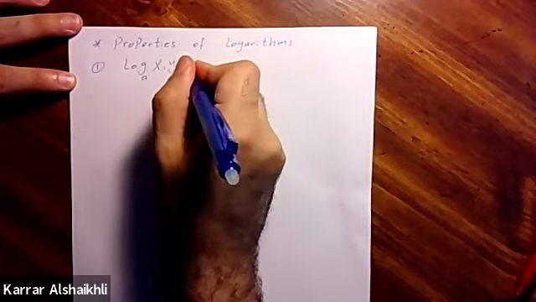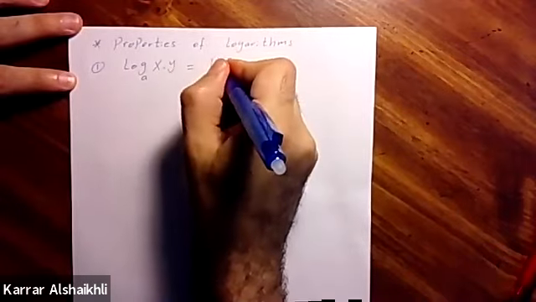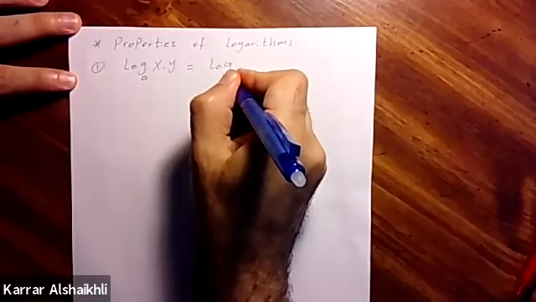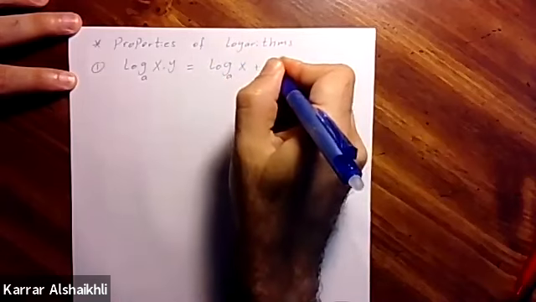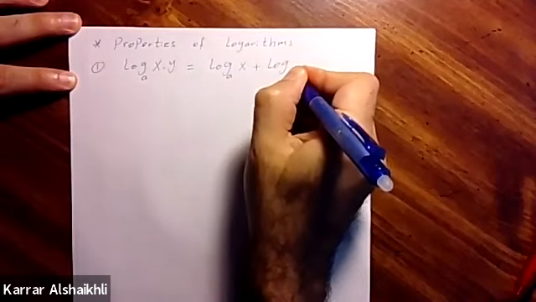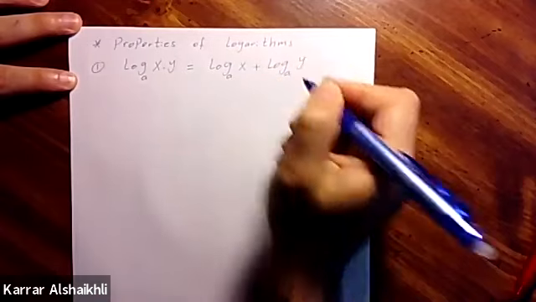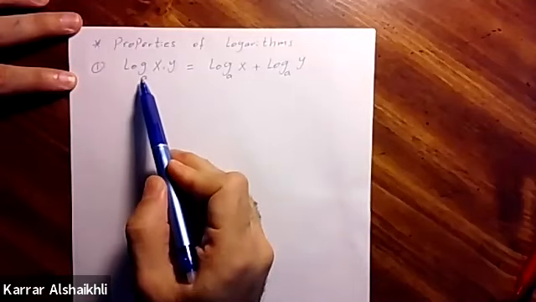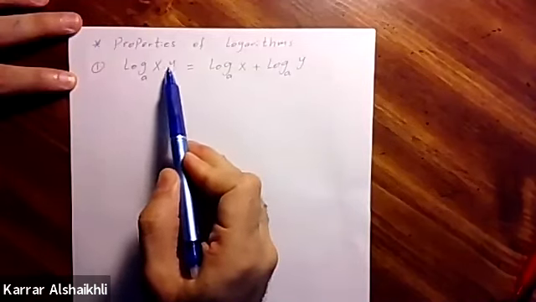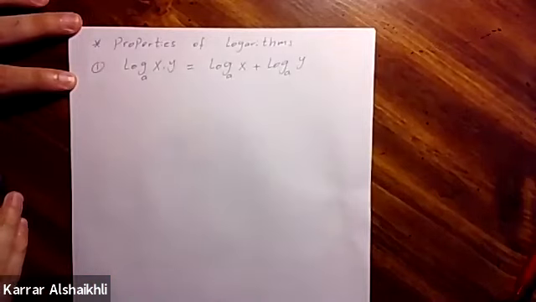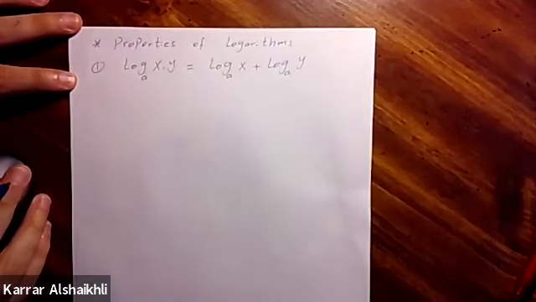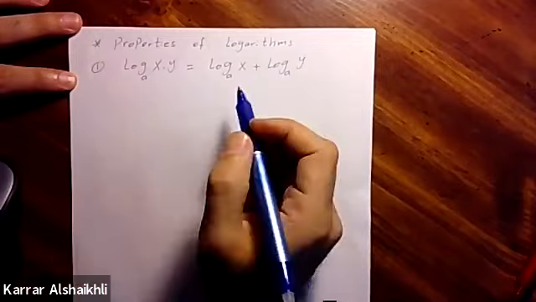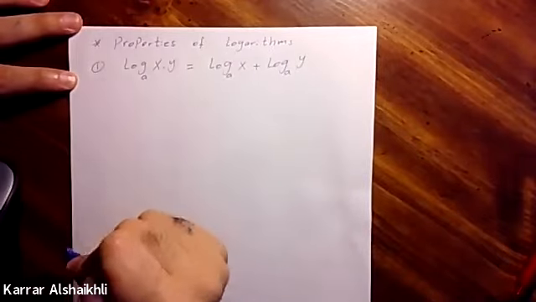How we simplify this is log to the base a of x plus log to the base a of y. So when you have multiplication between two numbers, the log of the multiplication is the log of the first number plus the log of the second number. This is the first rule.